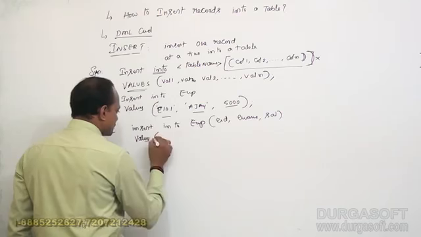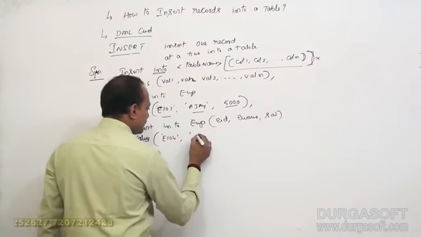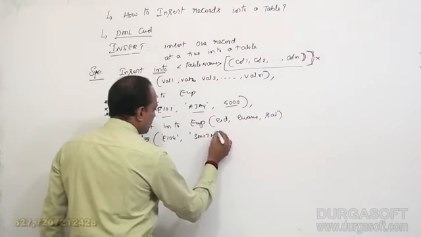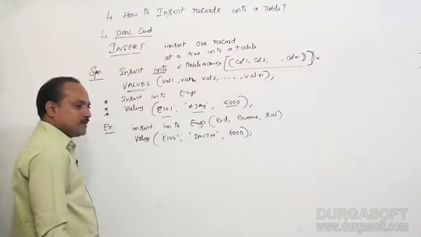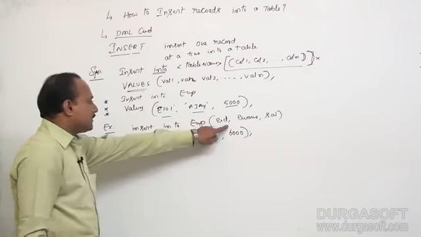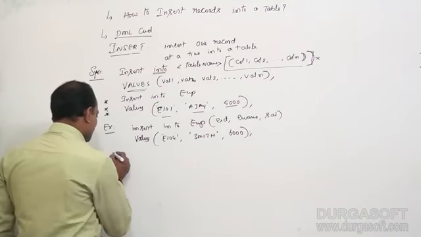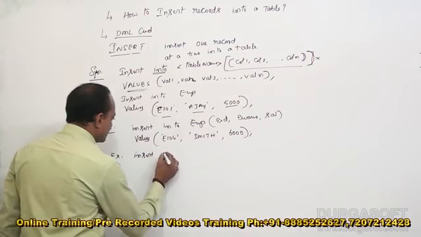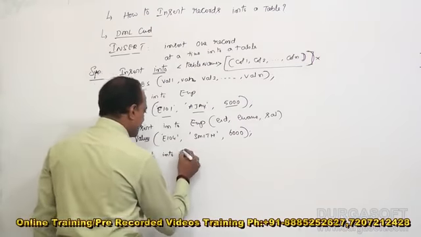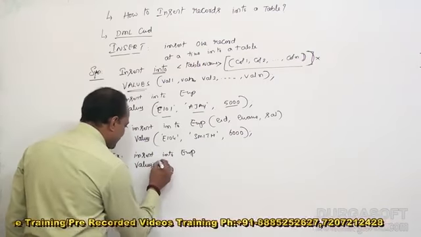Here values E104, here Smith, and here 6000 are your values. You can insert. There are 3 columns in the table, and I am inserting 3 values. In such a case, you can directly write the insert command like this: insert into EMP. Directly specify, no need to write the column names.